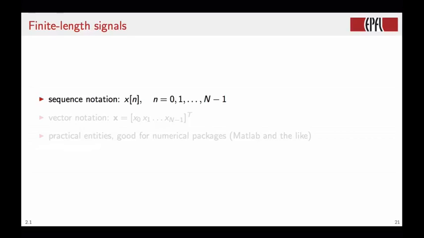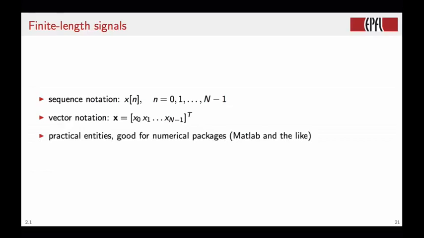A finite length signal can be written in the sequence notation we have seen before, x of square bracket n, but n is only going from 0 to N minus 1, so it's a length capital N signal. The vector notation puts this into a vector, and in this class vectors are column vectors, so we have the entries of the vector x0, x1 up to x N minus 1 and a transpose to get a column vector.